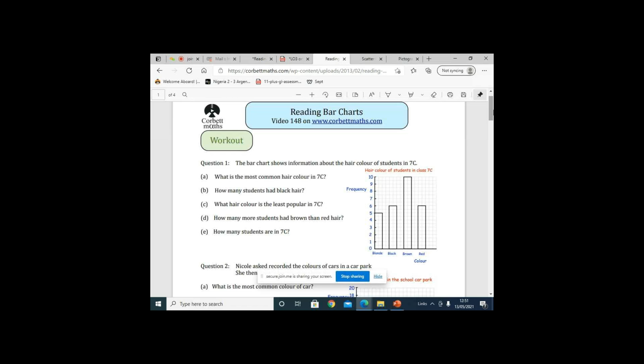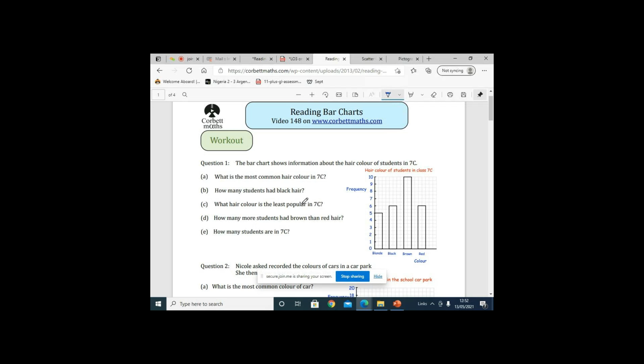So look at this 7C now. What's the most common hair color in 7C? Look at these bar charts. Brown is the most common. When you say the most common, that's brown, because the highest of the bar is the most common.